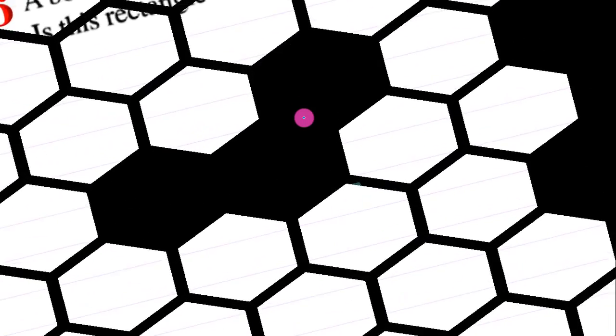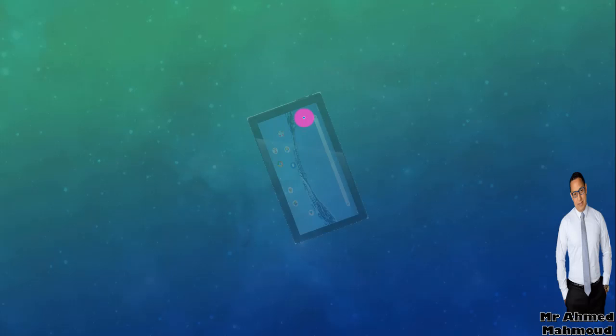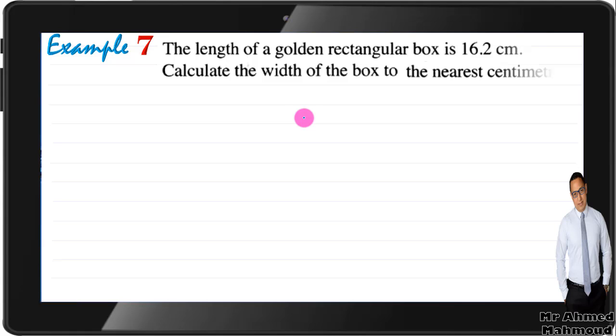Okay. Another example. The length of a golden rectangle box is 16.2 centimeters. Calculate the width of the box to the nearest centimeter. Okay, as it says in the given, it's a golden rectangle.